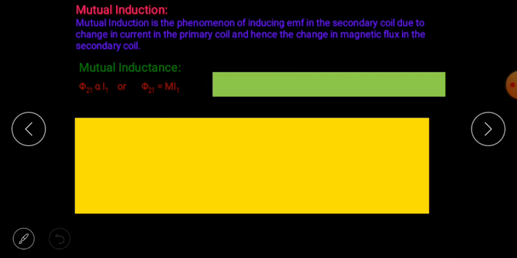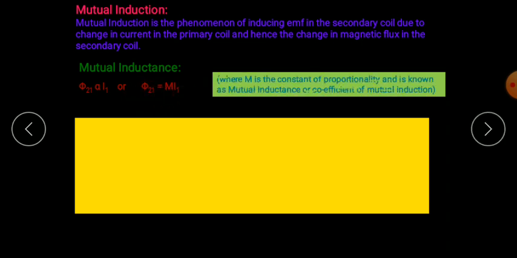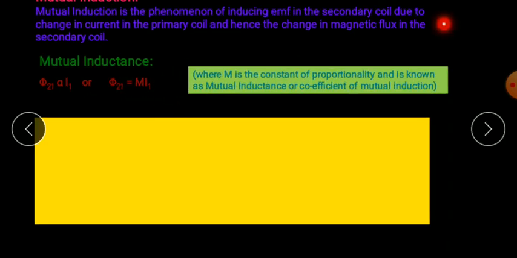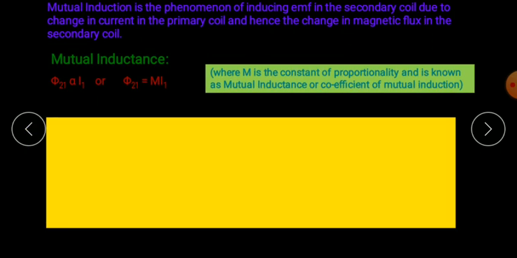So phi 21 is directly proportional to I1, the current in primary coil P, or phi 21 equals M into I1. Here M is the constant of proportionality, known as mutual inductance or coefficient of mutual induction.